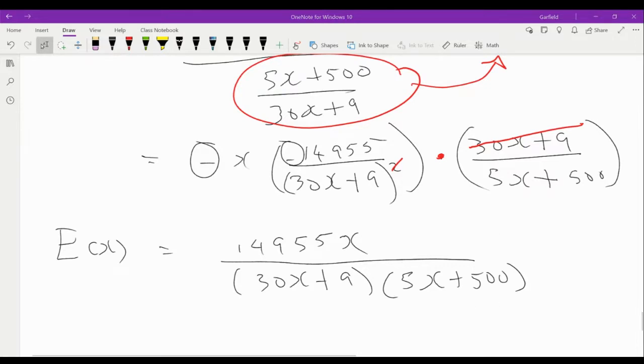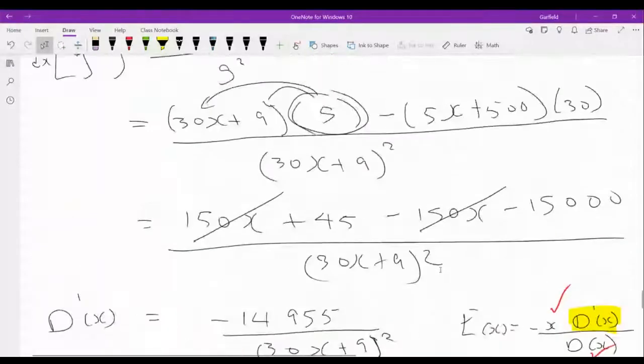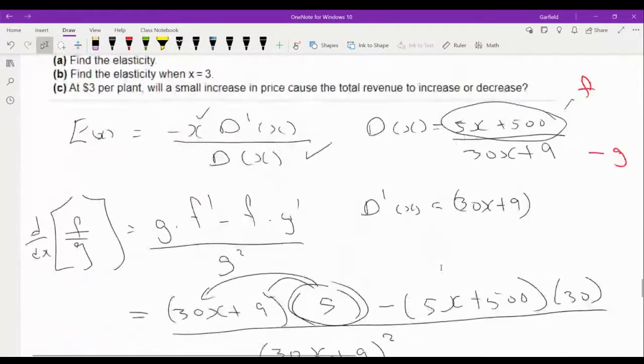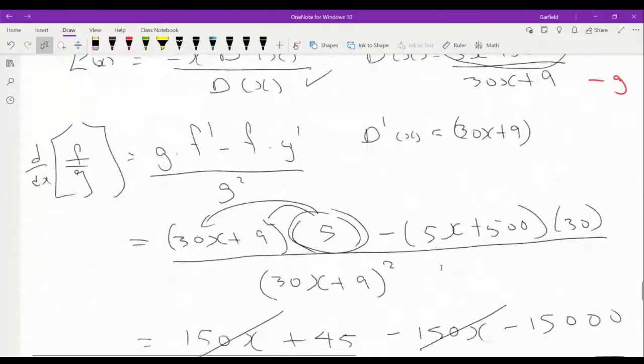Let me see if they give me an answer. Plus 100. Their answer actually looks different from my answer, which means there's some arithmetic error in there. Michael, are you there? All right, so there's an error in here somewhere.